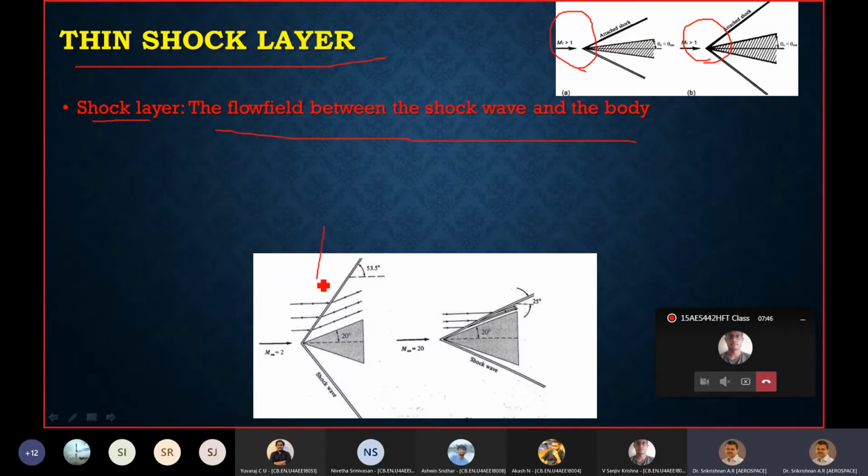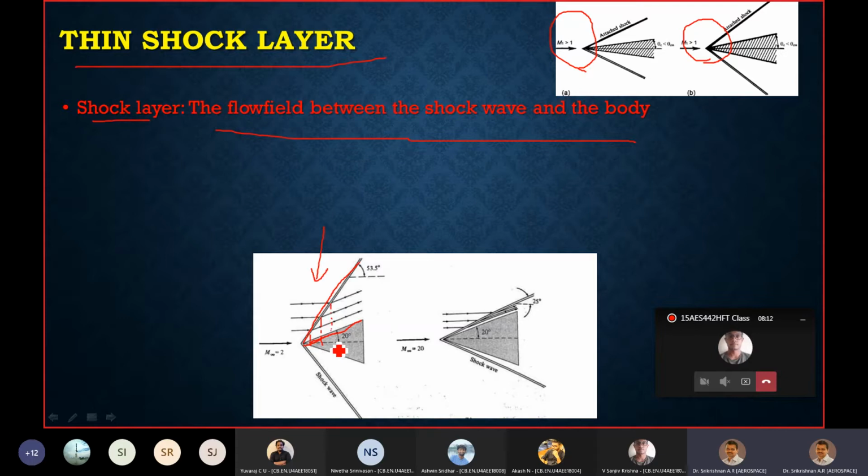For example, in this picture, I'm trying to point to this. You have a shock wave here, and you have the body surface here, the adjacent body surface. So what we mean by shock layer is the flow field in between. At any given section, the shock layer is this. If I'm looking at this section, this is the shock layer, and here it is this, and similarly like this.